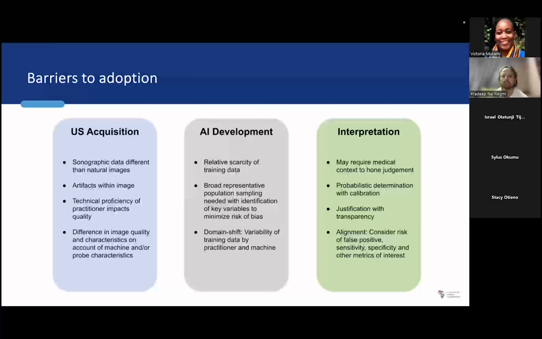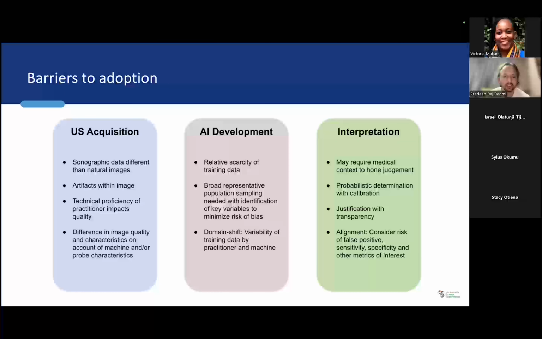And there are some barriers to adoption while interpreting these AI models in our clinical workflow. One is that sonographic data differ, I think diseases differ by geographic condition, and data in the AI model from the western part of the world cannot fit in our part.